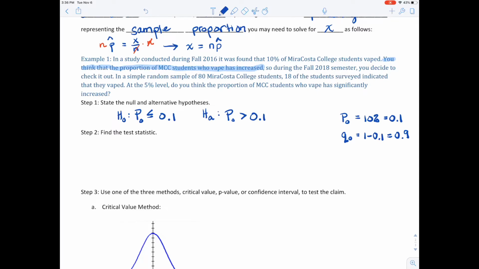The convention in a lot of books now is to always have a statement of equality for your null. So it's up to you. I'm going to go ahead and go with statistically super correct, but if you want this to be P0 equals 0.1, that's just fine. All right, so now let's find the test statistic.